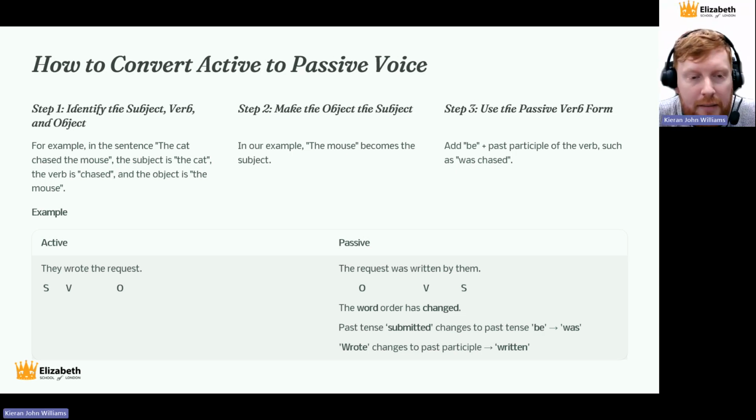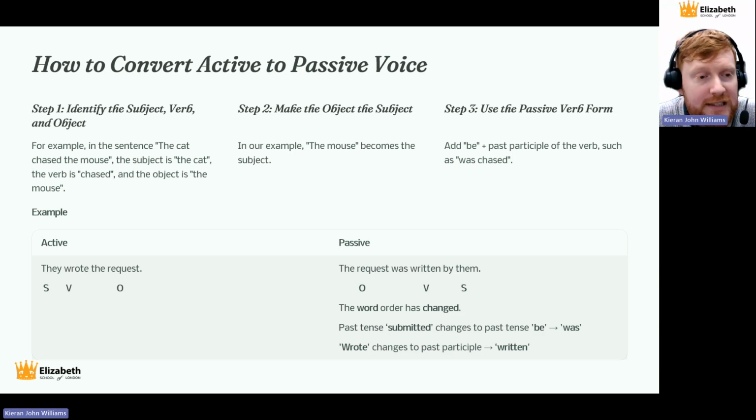Your second step then would be making sure that you change that word order. You move the object to the start, you move the subject to the end, things like that. Okay, and then this is the most crucial part. You need to make sure that you're using the correct form of the verb, which it is in the passive voice. So the way that you do this is you look at the original sentence, the cat chased the mouse.